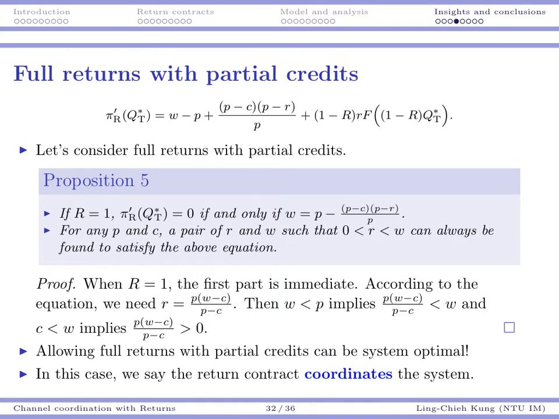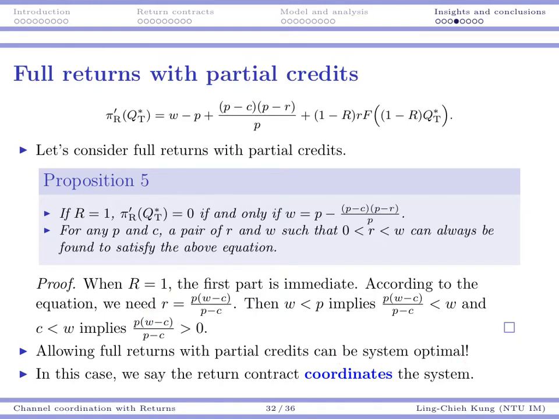That means as long as your w is less than p and greater than c, your r, according to this formula, will be greater than 0 and less than w, which is reasonable. So we just need to allow returns, and as long as we set up the partial credit according to this formula, it will be system optimal.